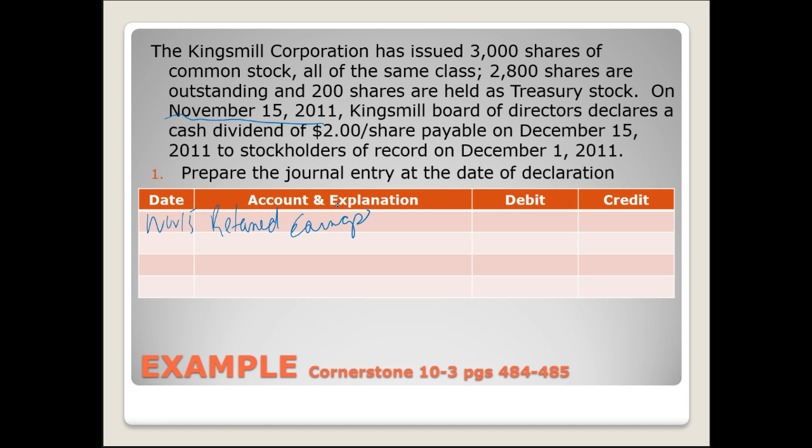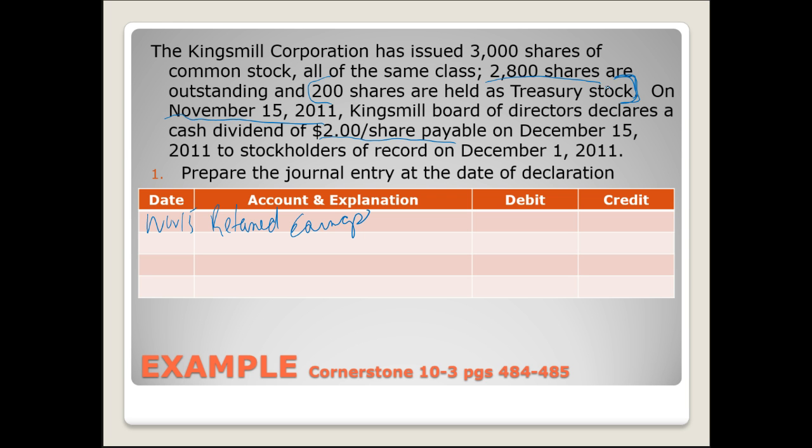Well, what's the amount of the dividend? It's $2 per share. How many shares are outstanding? Right, 2,800 shares. Don't get confused by the 200 that are held in treasury stock. Remember, the company is holding those shares right now and they don't pay themselves a dividend. That would just be very circular.